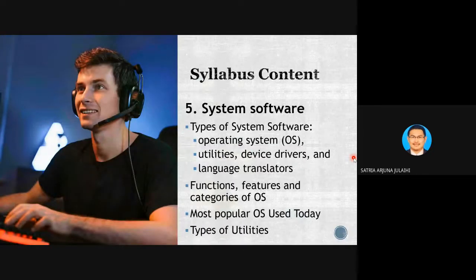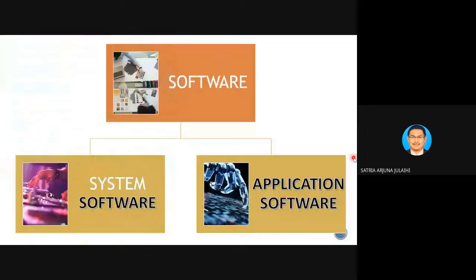In this chapter, we will be looking at system software, the different types of system software: operating system, utilities, device driver, language translator, functions of operating system, popular operating systems, and also types of utilities programs.